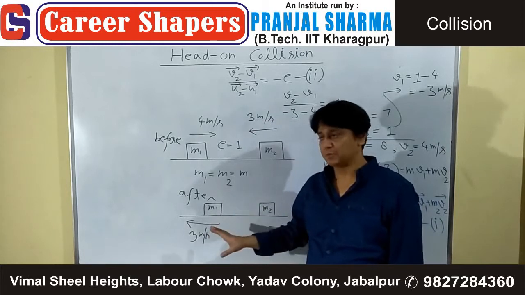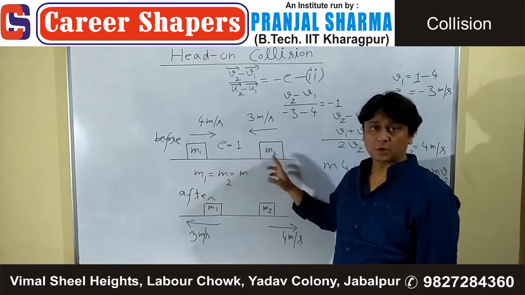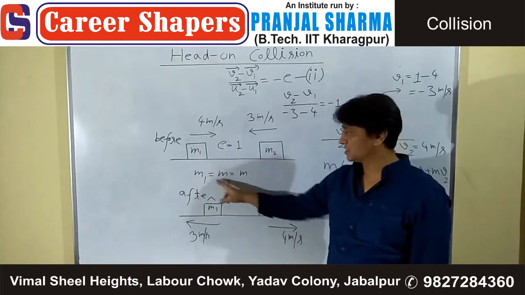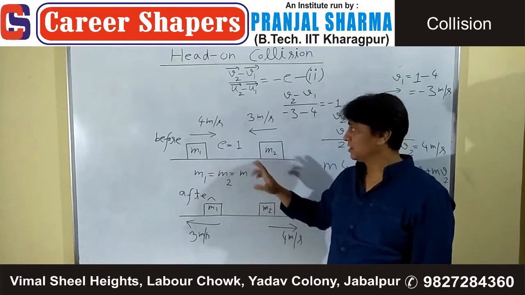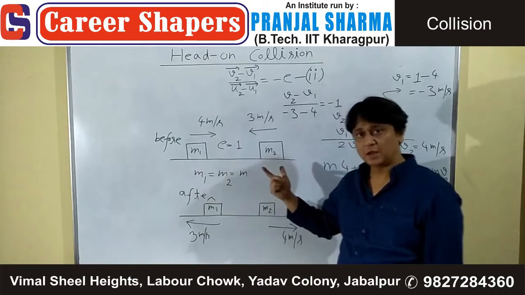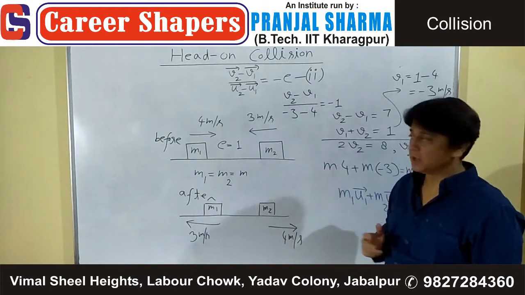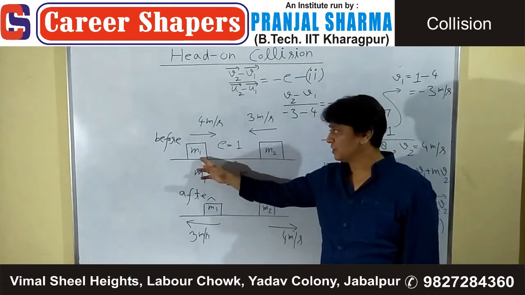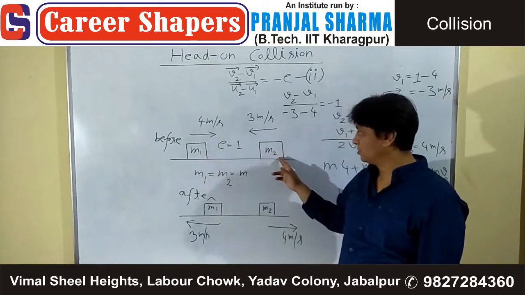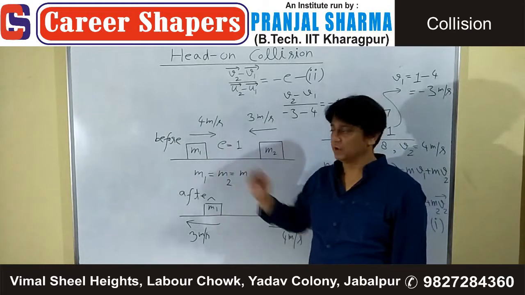Which means what happened when two objects collide such that their masses are same and collision is perfectly elastic? Then they simply interchange their velocities. Velocity of M1 is taken by M2 and velocity of M2 is taken by M1.